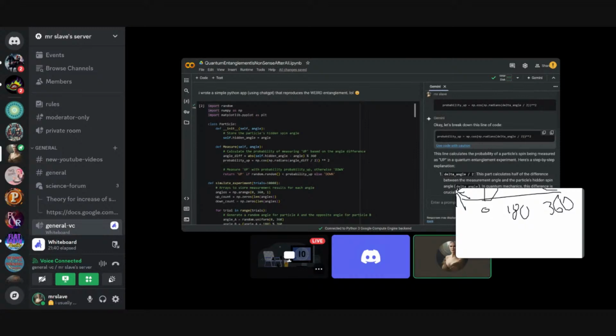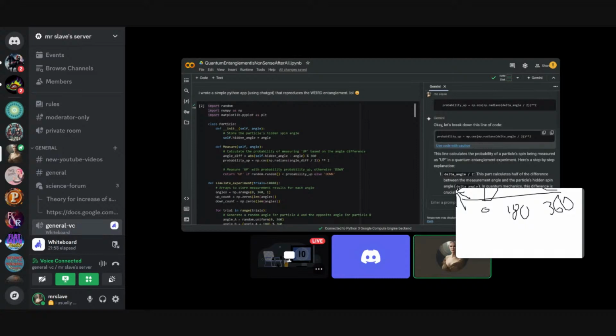The function measure is three lines. The angle difference has nothing to do with A, the probability has nothing to do with A, and then the actual result, is it up or down, has nothing to do with A.